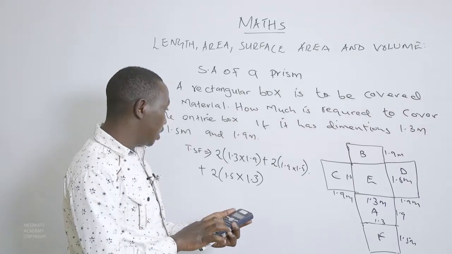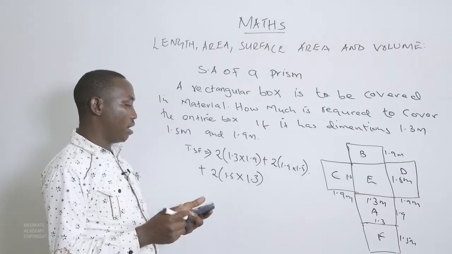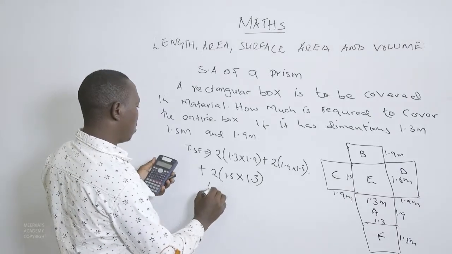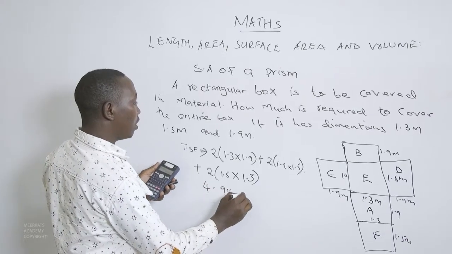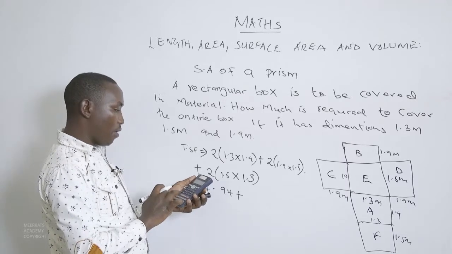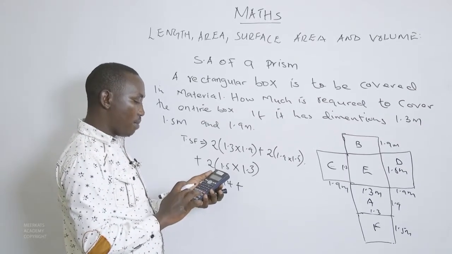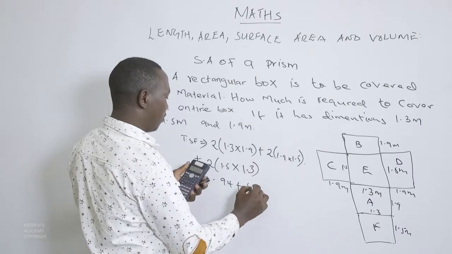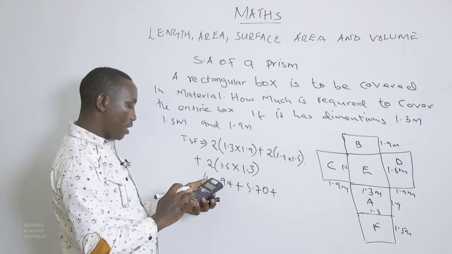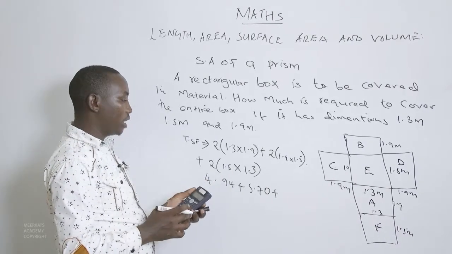1.3 multiplied by 1.9 gives us 2.47. When multiplied by 2, this will give us 4.94. We add 1.9 multiplied by 1.5, which gives us 2.85. When multiplied by 2, it gives us 5.70, plus 1.5 multiplied by 1.3 gives us 1.95.